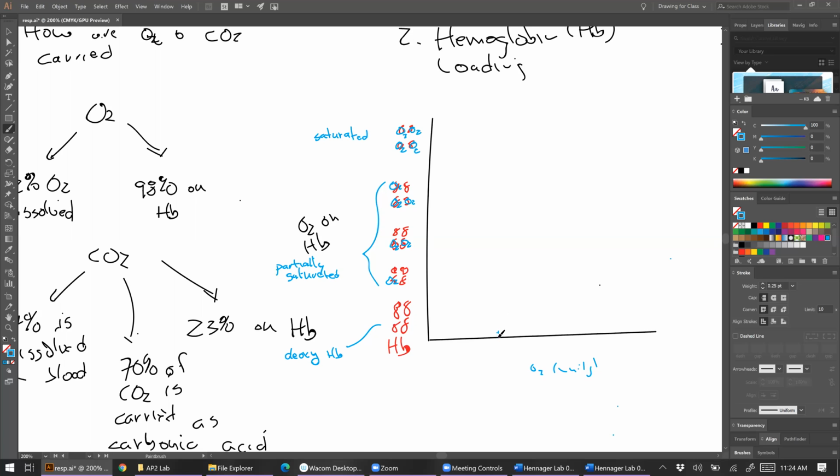We care about 40 millimeters of mercury, because that's the level in the tissue. And we also care about 100 millimeters of mercury, because that's the level of oxygen in the lung.